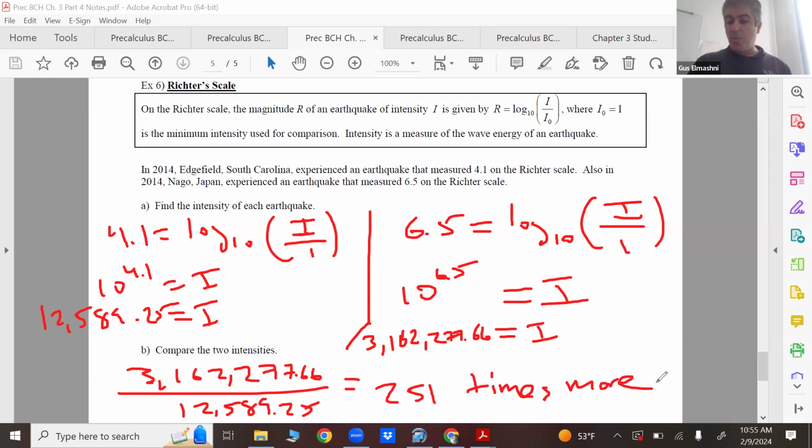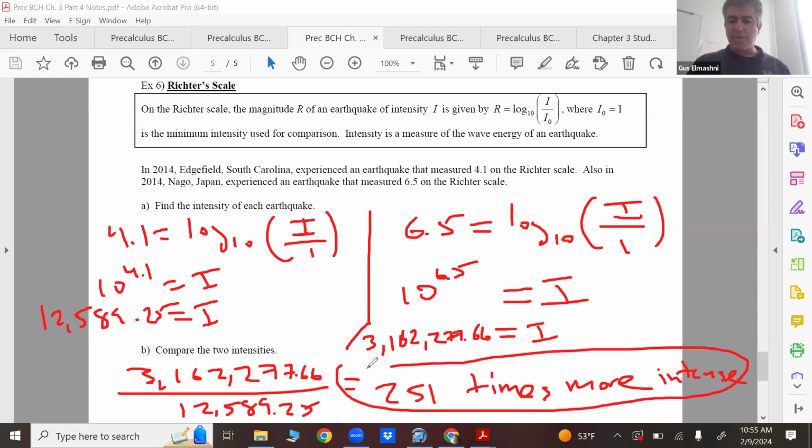It's over 250 times more intense, which is really scary. I guess they use a Richter scale to make it easier for people to comprehend, like a 5.0, 4.0, whatever. And you say it's 10 times more because it's using base 10 for log. But yeah, that's how you would compare it.